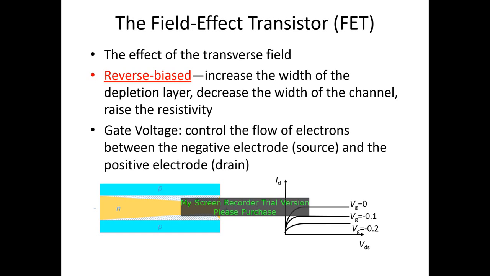Now let's consider the drain current versus the drain and source voltage. Let's see these curves. From these curves, we can see that the current will increase at first due to the voltage increasing. But the current gradually stops until it reaches the maximum limit of the current.